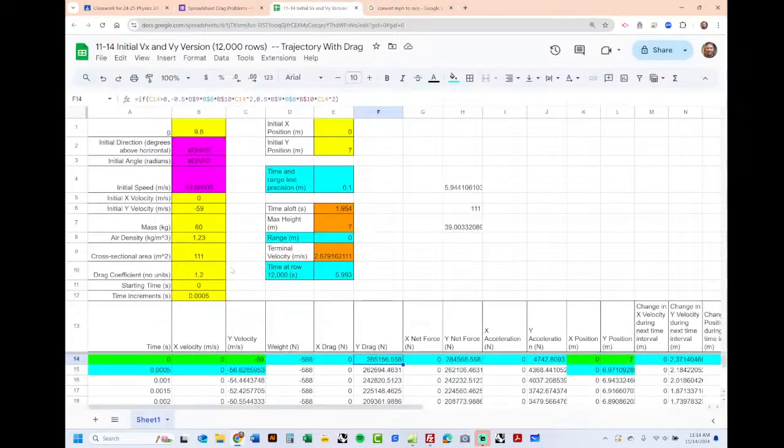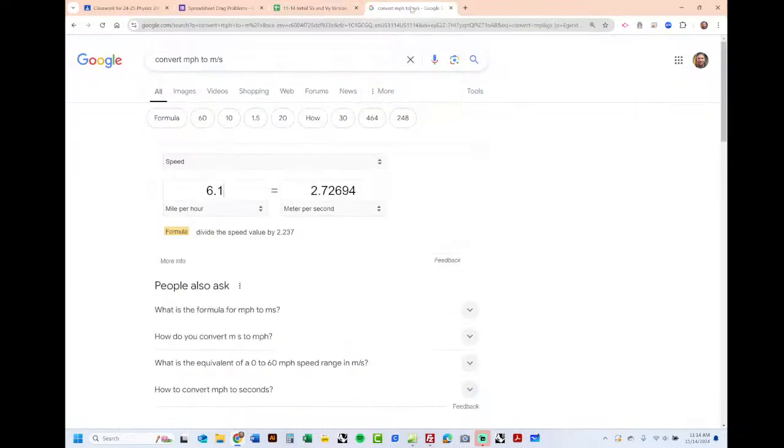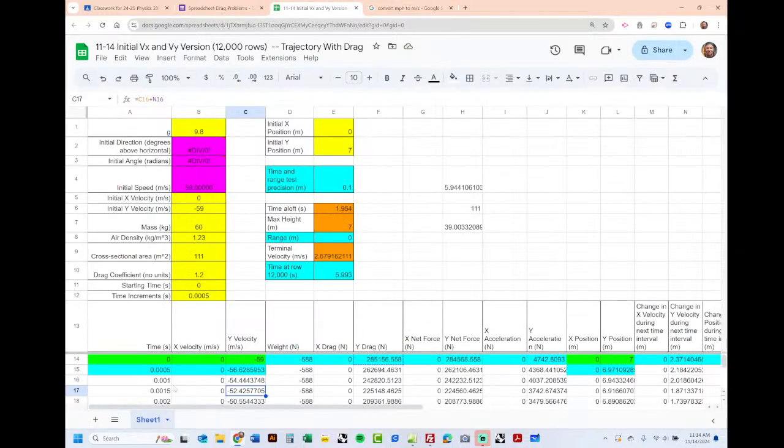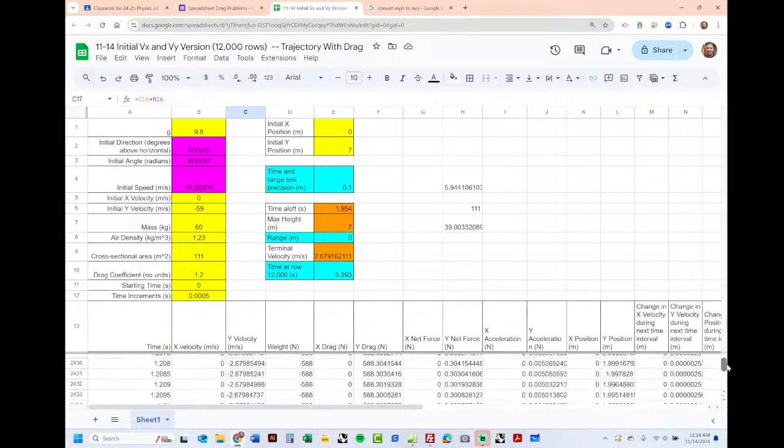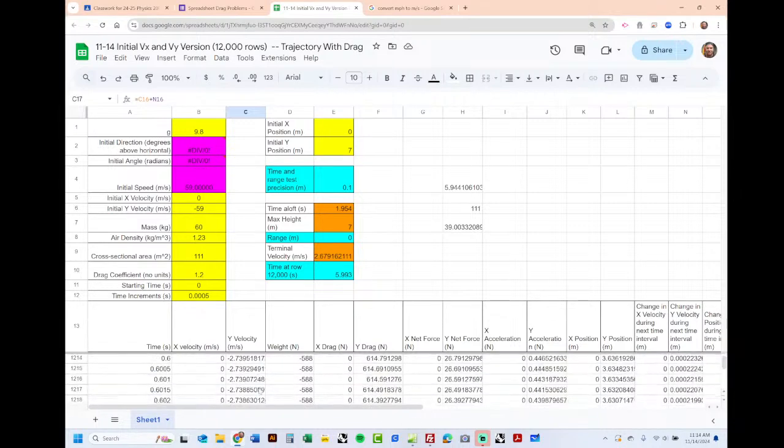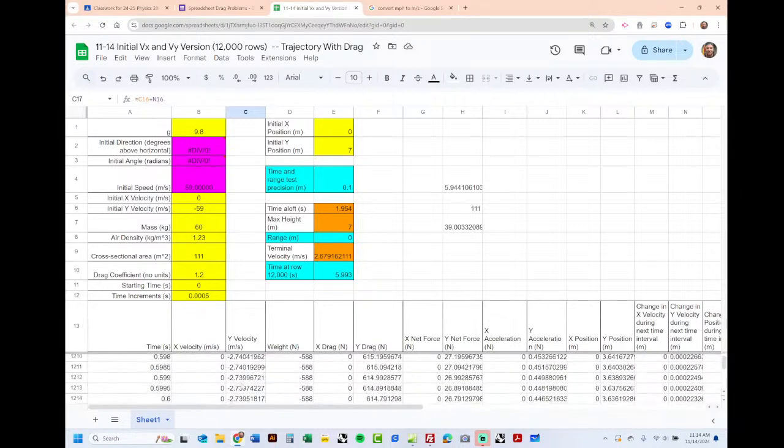2.72694 seconds. So the way I figure this out is I keep an eye on y velocity. So right down here. And I'm trying to see how long I have to go down to get it to 2.72. So let's go down, down. Oh, I've already passed it. 2.7.